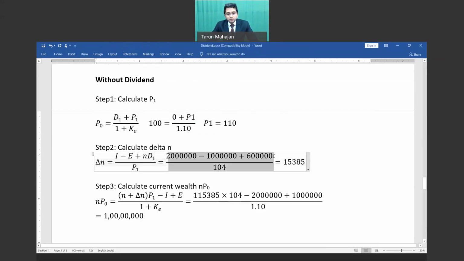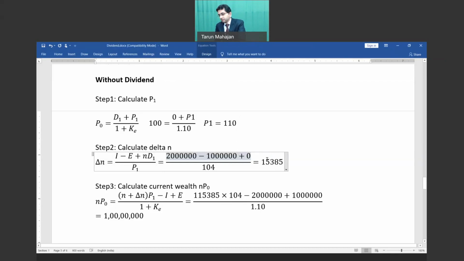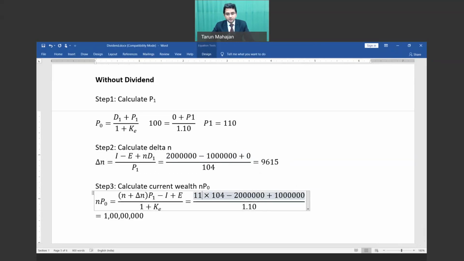And here also I will put 0. So 10 lakh divided by 104 is 9615. And here it will become 109615 into 110.